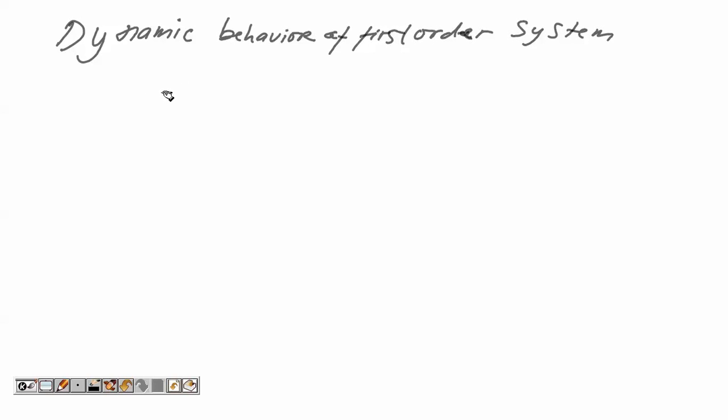As we studied before, when we derived the level system in a storage tank, we got a transfer function. We got a transfer function with the first order form. So this is the standard form of first order.